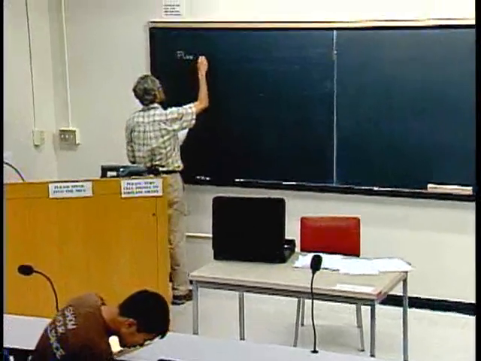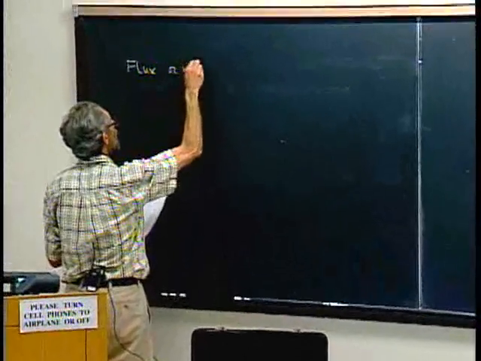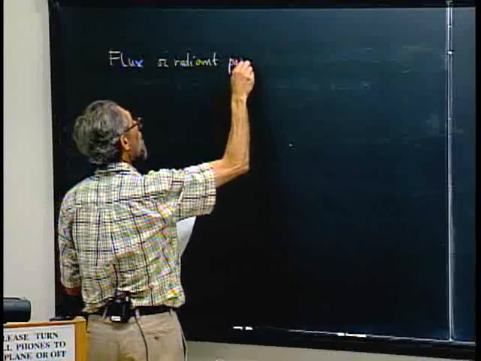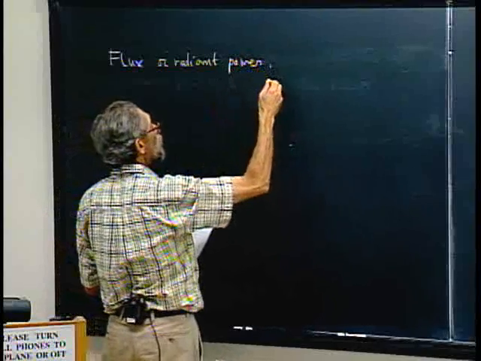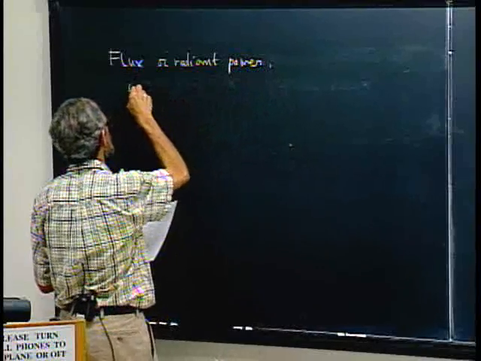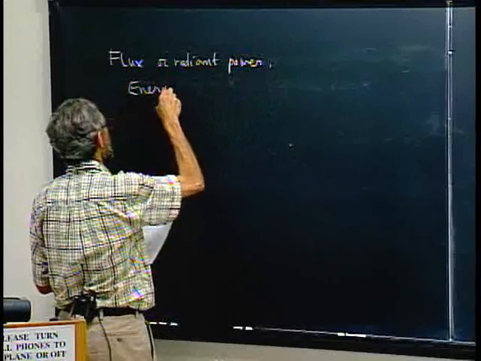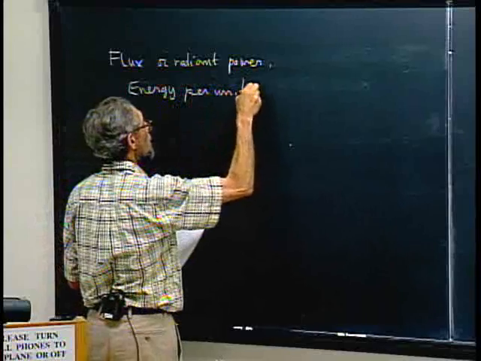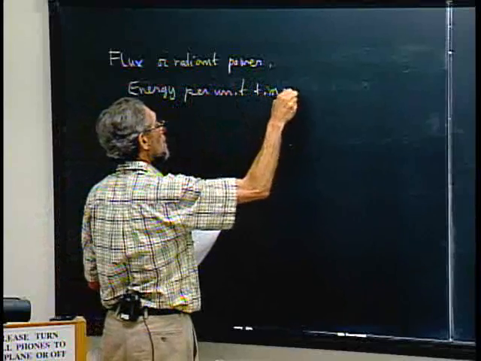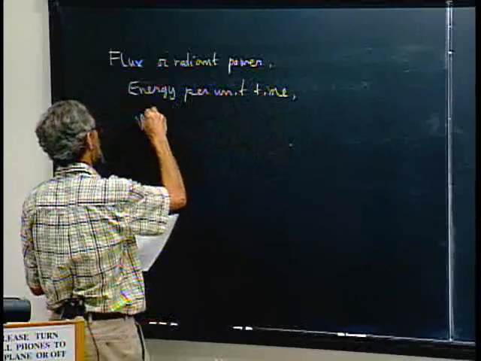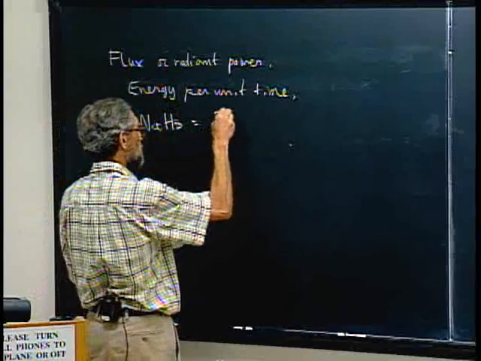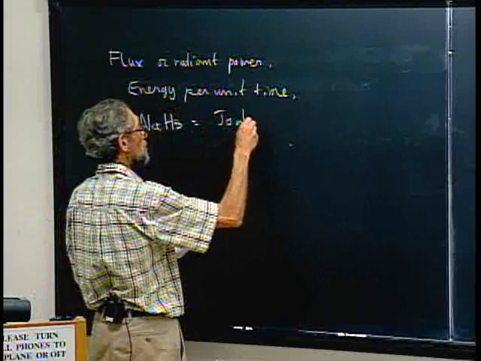There's the first quantity. It's radiant power. So power is energy per unit time. Say it's measured in watts, which is joules per second, where joules is a unit of energy.